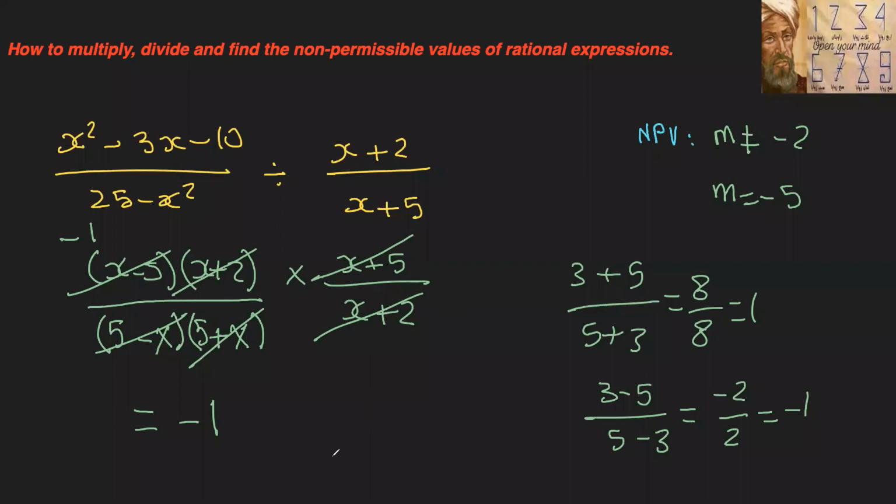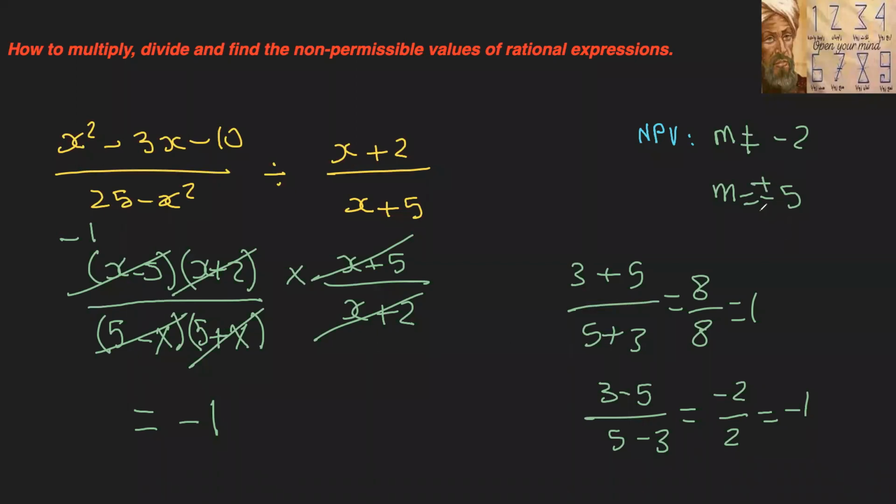Hold on a second. I think I will miss some marks if I quit right here. Maybe I did this ahead of the game, and then I listed my non-permissible values, and I thought it was over. Now it was not over, because I still have to list my non-permissible values from here. Well, x cannot equal -5 right here, because that would make 0, but we forgot about x equals 5. So can I just put a plus right on top there?